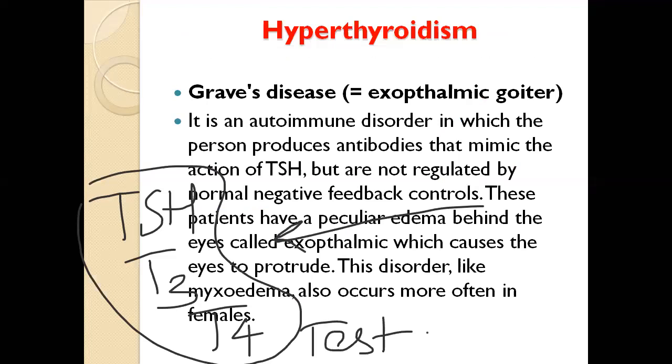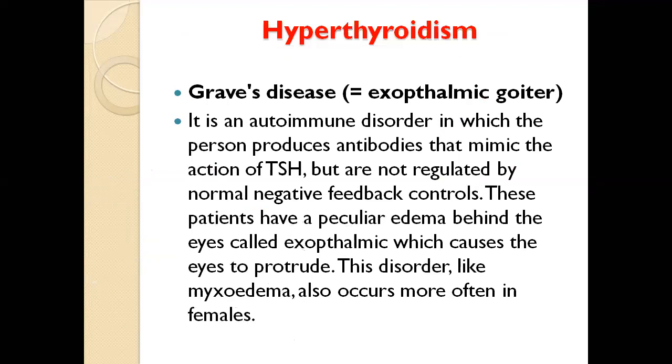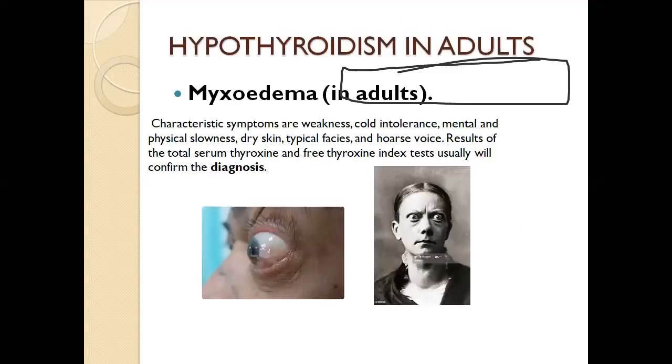Okay, then let's talk about the hyperthyroidism. Hyperthyroidism. Okay, so what is hyperthyroidism? The Graves' disease or hyperthyroidism or exophthalmic goiter. We say exophthalmic goiter. There is a small mistake I made here while preparing the PPT. Please excuse me. You see this, this is exophthalmic goiter.